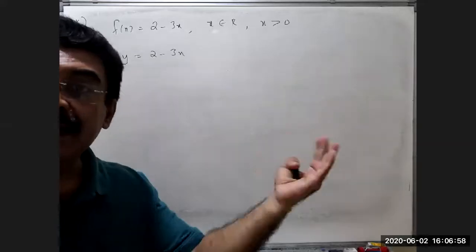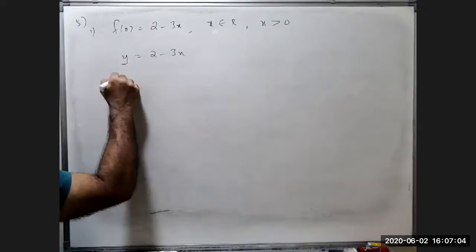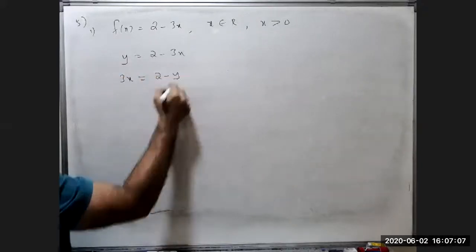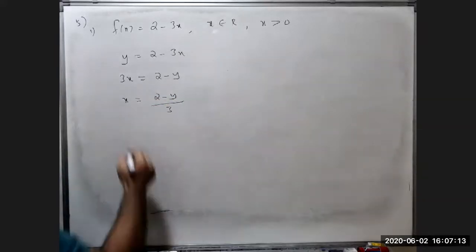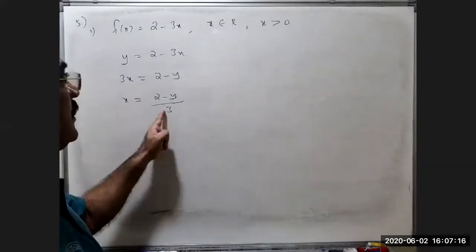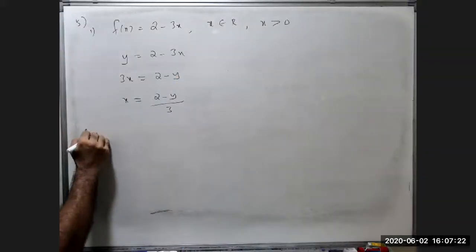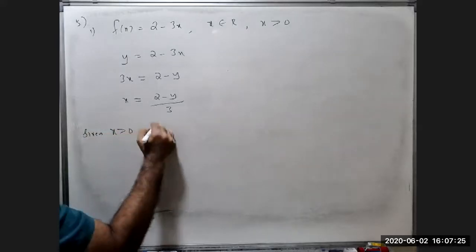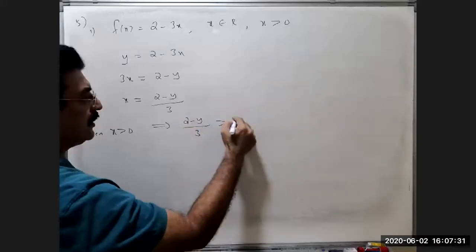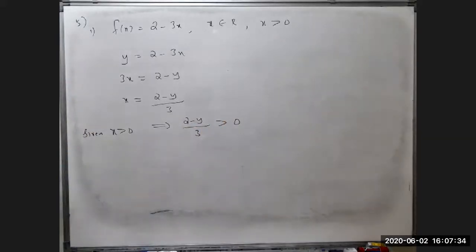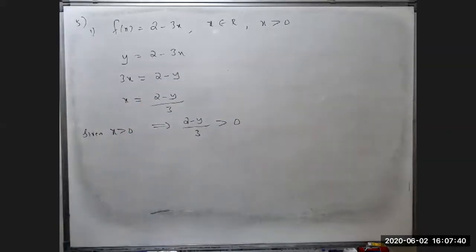Our method is to write x in terms of y and write the condition for x. So 3x is equal to 2 minus y, x is equal to (2 minus y) by 3. We wrote x in terms of y. Now what is the condition for x? Given x greater than 0, this means (2 minus y) by 3 is greater than 0.